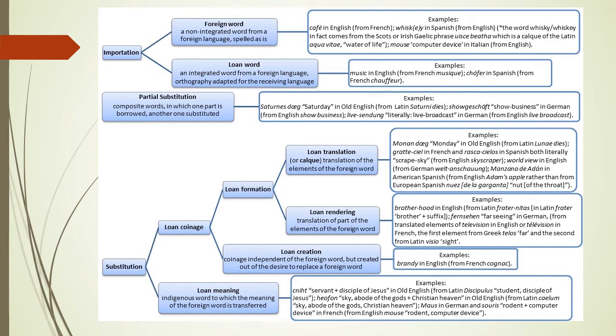Loan creation is coinage independent of the foreign word but created out of the desire to replace a foreign word. Substitution indigenous is where the meaning of the foreign word is transferred. So this is the whole chart for linguistic borrowing.